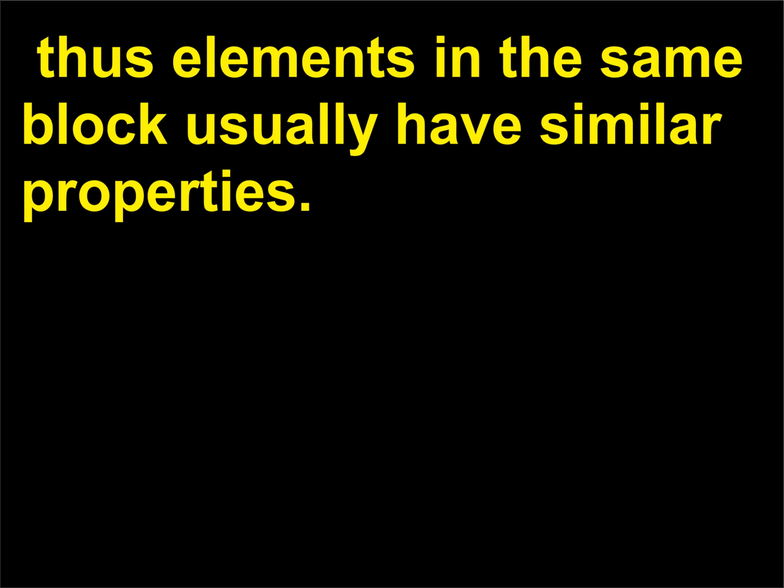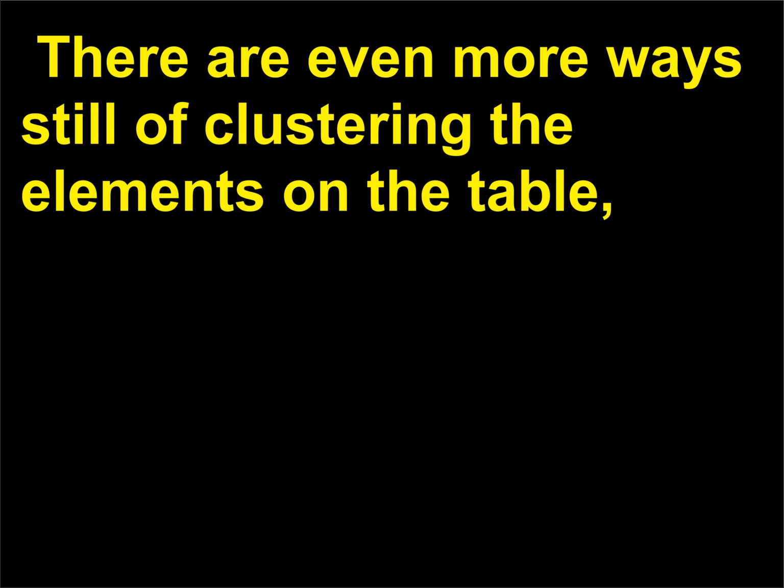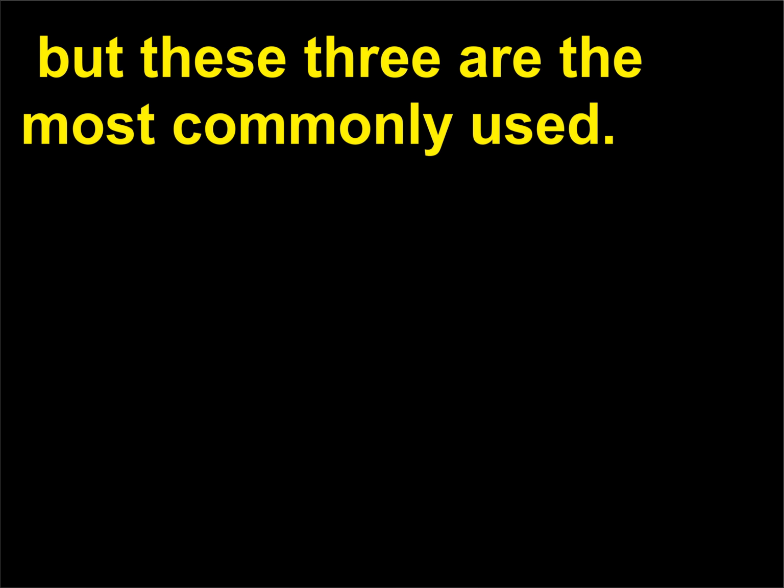Thus elements in the same block usually have similar properties. There are even more ways still of clustering the elements on the table, but these three are the most commonly used.